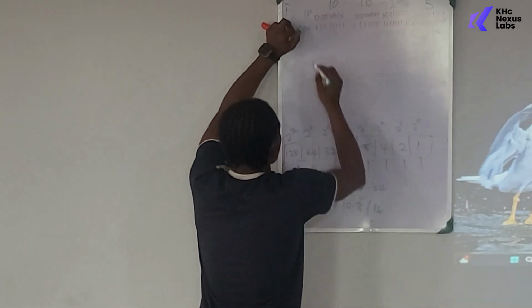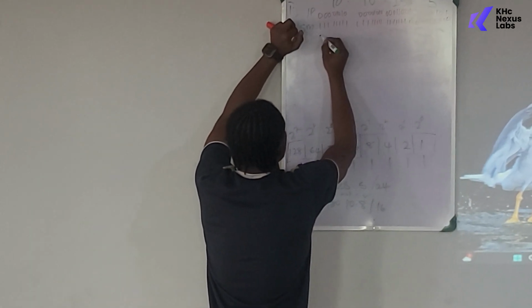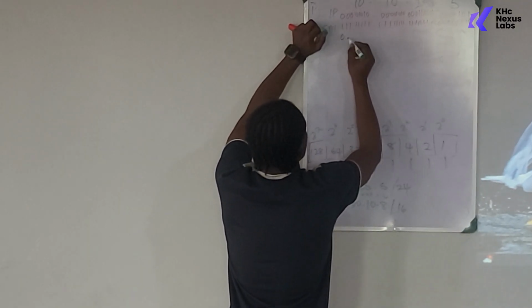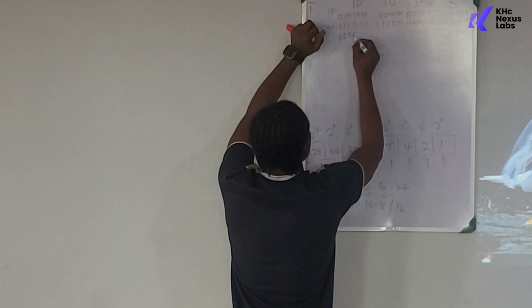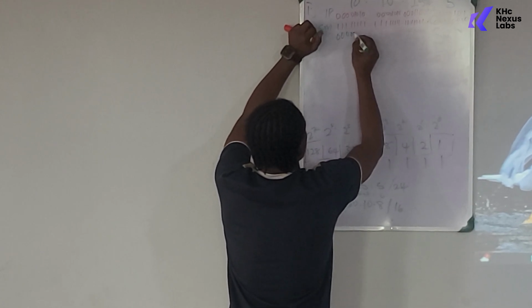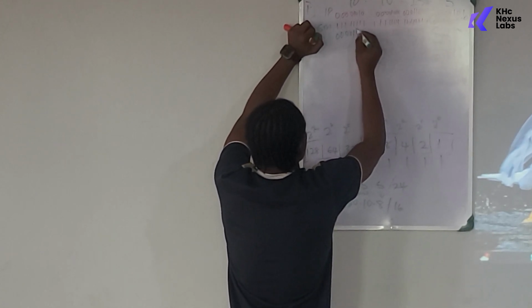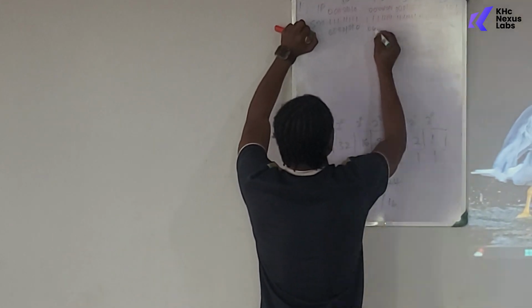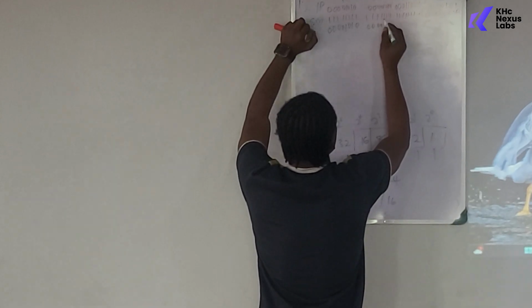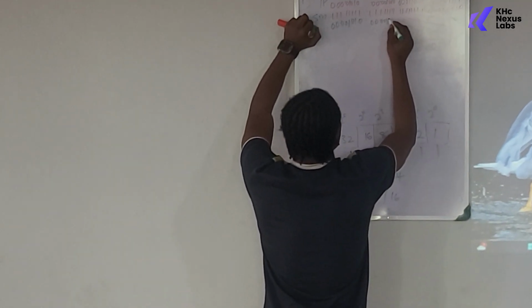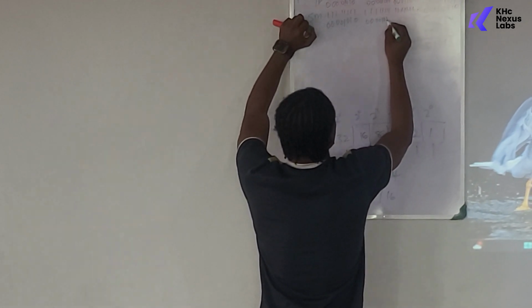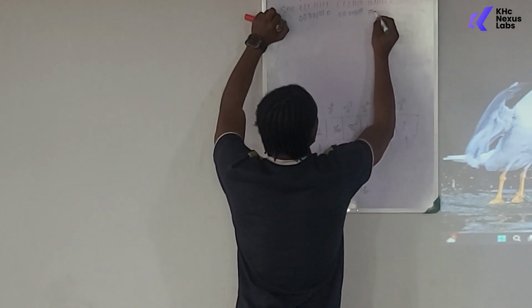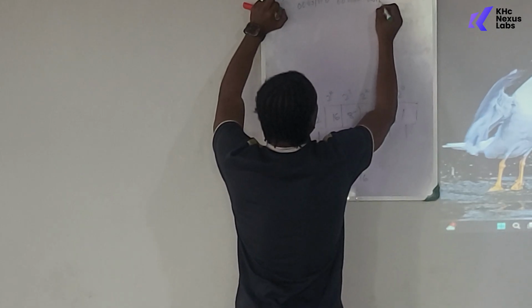So 1 and 0 is what? 0. So all this would be 0, 0, 0. 1 and 1, 1. 0, 1 and 1. So same thing, 0, 0, 0, 0. 1 and 1. I think same thing here. 1, 1.